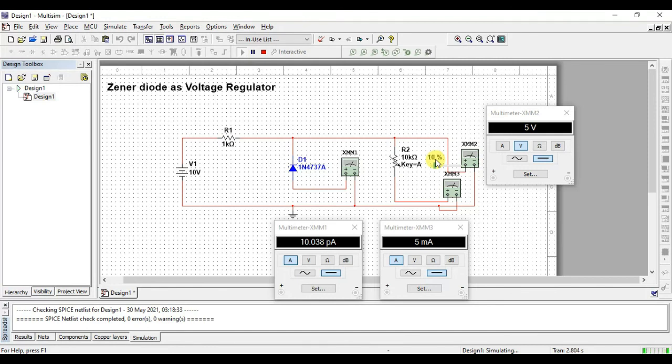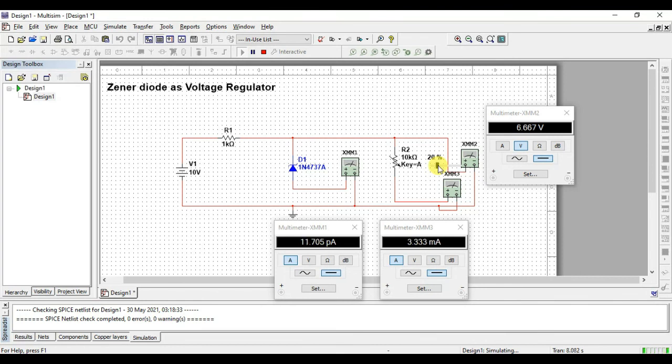Depending upon the change in this resistance, the voltage changes according to the current. Here I am taking a very small resistance, so the load is very low and the output will be low. As I already gave the input as 10 volts, the output could be near the breakdown voltage, like 7 point something.